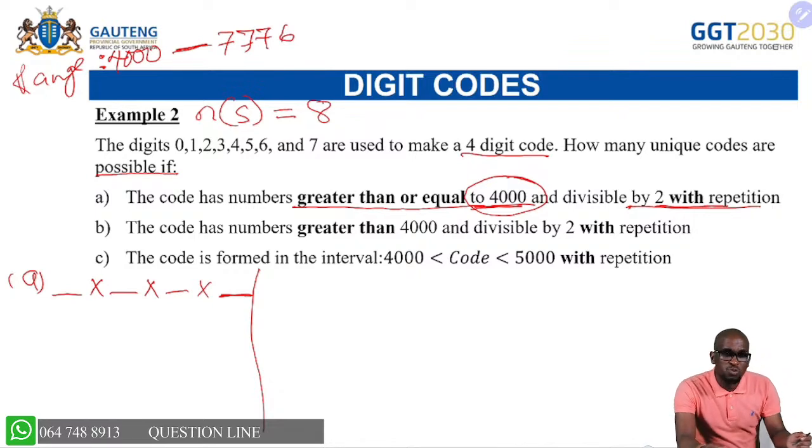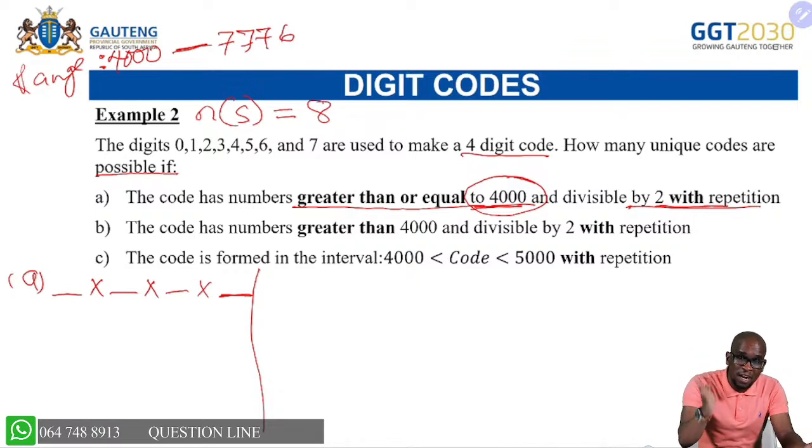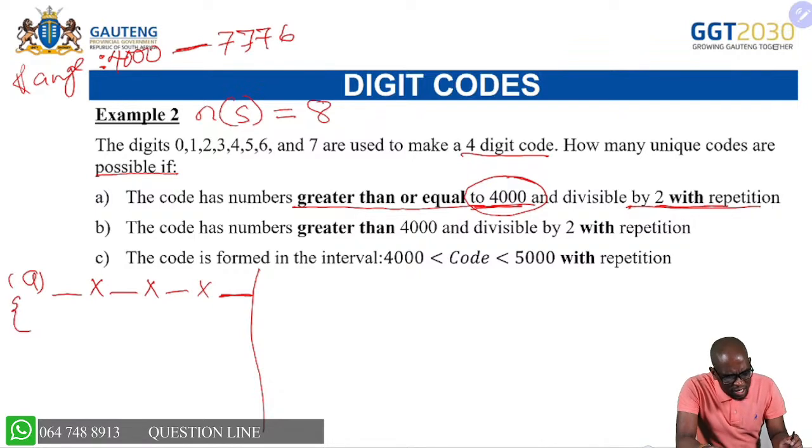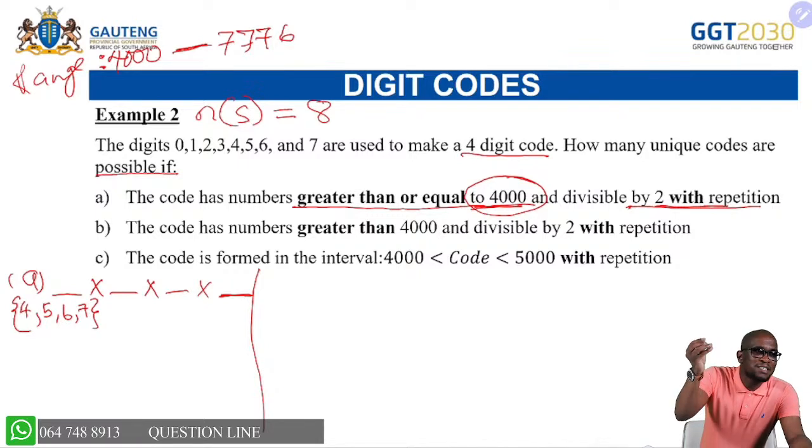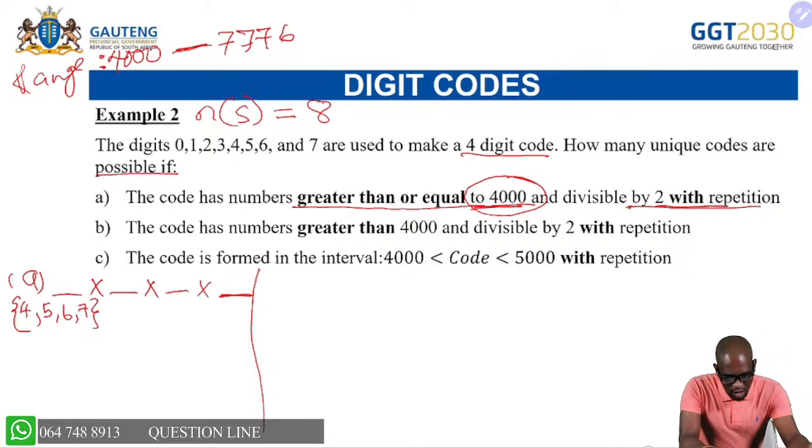Now, we need to start with the first variable and check the subset that we can define for it. They said the number must be greater than or equal to 4,000, which means you can start with 4, 5, 6, or 7. All those codes that start with 4, 5, 6, and 7 contain numbers that are greater than 4,000.